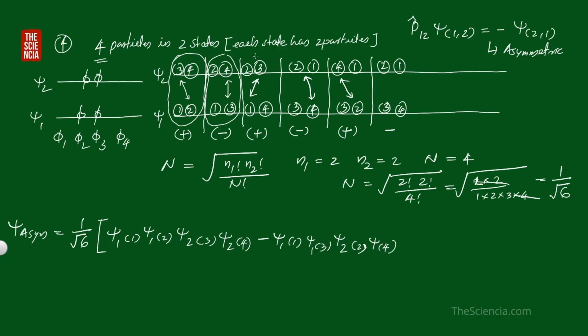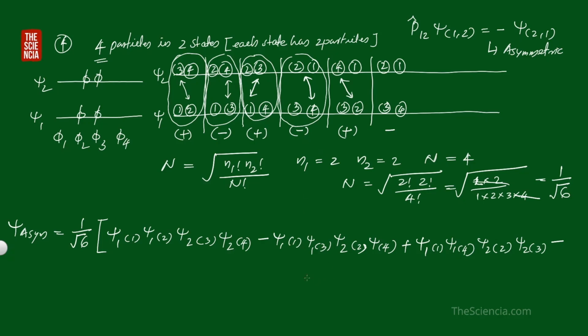Now we are considering this combination, that is plus, in the psi 1 state particle 1 is there and 4 is there, and in the psi 2 state particle 2 is there and particle 3 is there, minus. Now we are taking this one, that is why there is a minus sign.